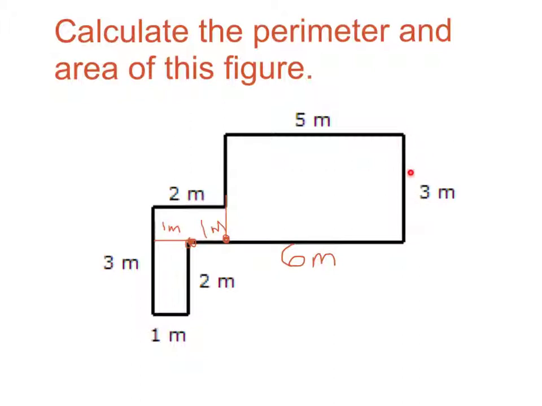If the length of this side is 3 meters, and this distance would also be 3 meters, but the distance from here to here is 1 meter, that means the length of this side must be 2 meters. To calculate the perimeter, we would simply add all of the lengths of those sides for a total of 24 linear meters.